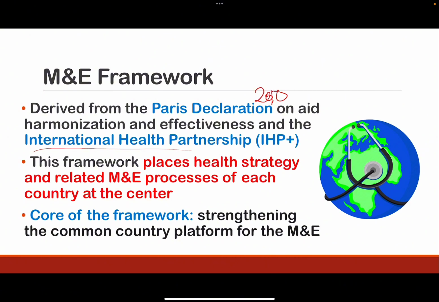While itong IHP or International Health Partnership, this is a group of partners committed to improving the health of citizens in developing countries. Sa meaning anong developing countries? That is, sa madaling salita, third world country.